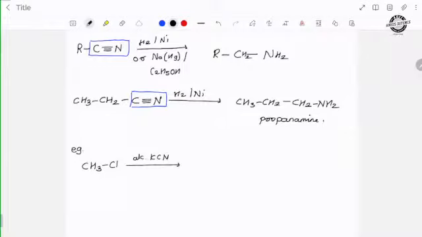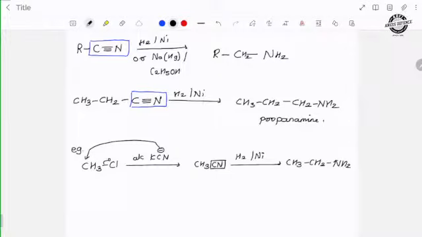Again, the negative part of the CN will attack on carbon and the Cl will leave in the form of KCl. This will form CH3CN. Now we have to reduce it in the presence of H2, and the catalyst is nickel. Now we are only concerned about this CN, so this will be CH3CH2NH2.